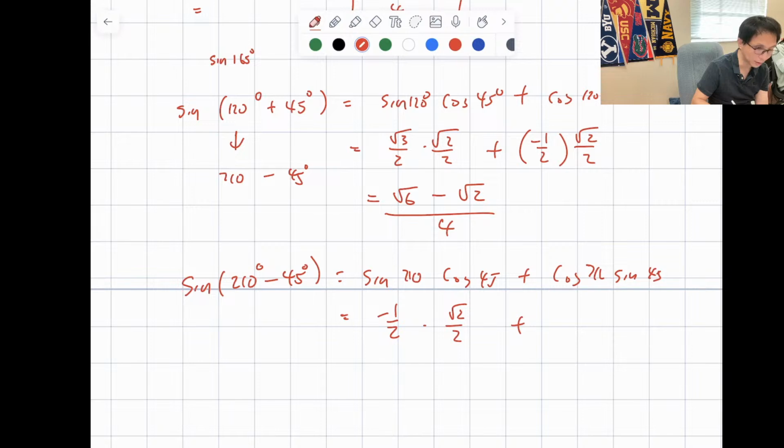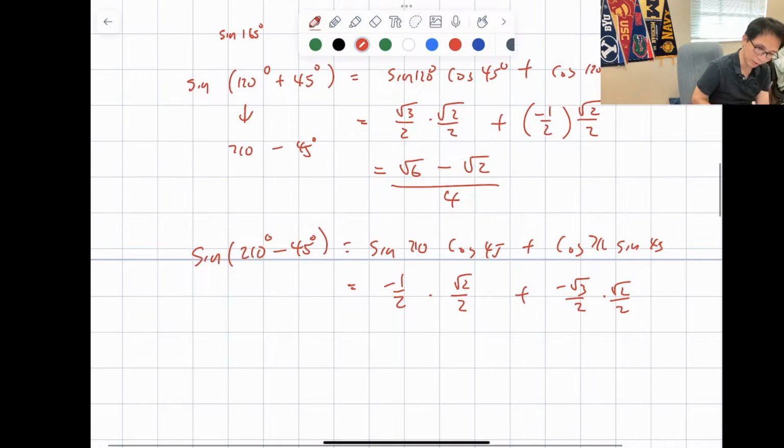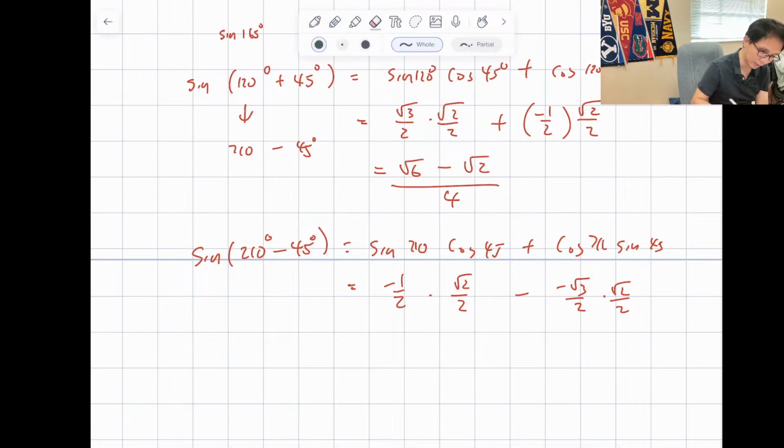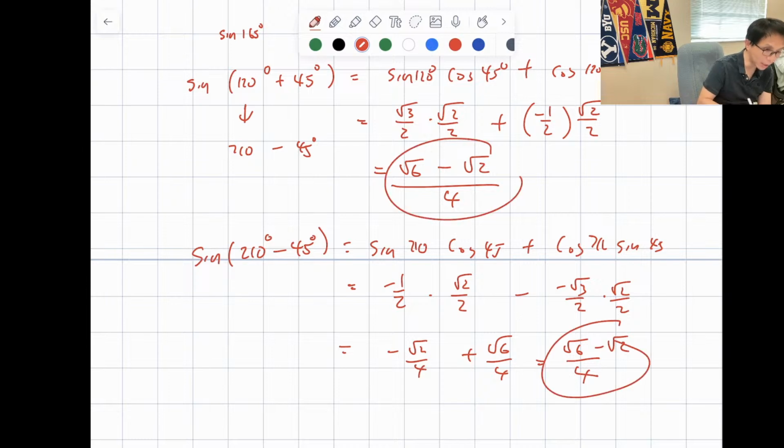What's this one? Cosine of negative square root 3 over 2, and then what? Square root 2 over 2. So then you should get, wait, this one is negative, yeah. This one's negative, thank you. So it'd be negative square root 2 over 4, plus square root 6 over 4. So it'd be square root 6 minus square root 2 over 4. So same answer. The answers match up.